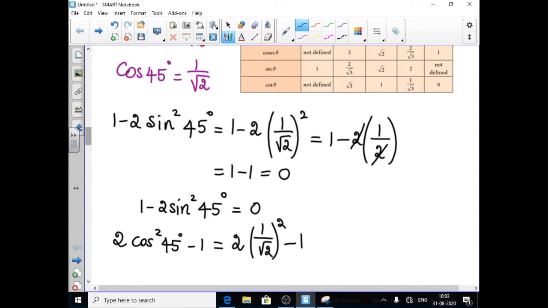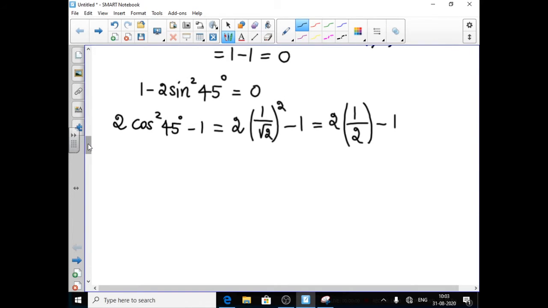So it is equal to 2 into 1 by root 2 square. 1 square is 1, root 2 square is 2, minus 1. So 2 get cancelled. So remaining 1 minus 1, that is equal to 0.